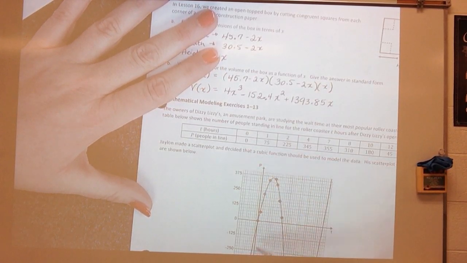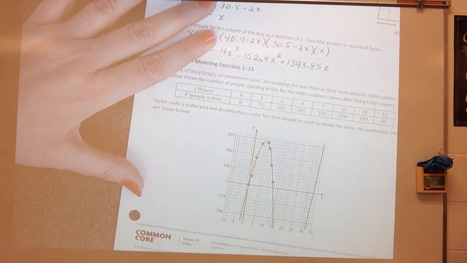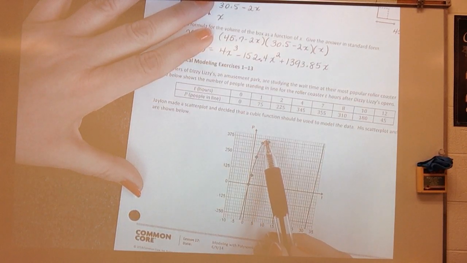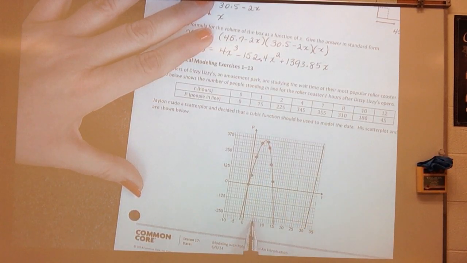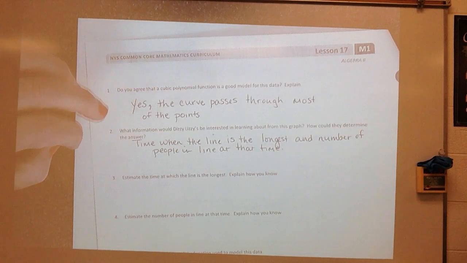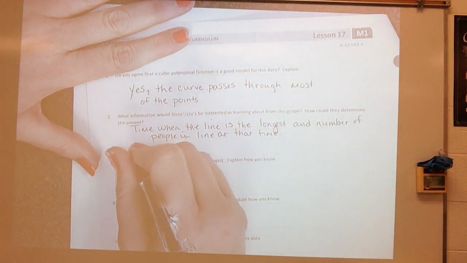And then this is the number of people in line. So I could actually go and try and predict the maximum or estimate the maximum point of the graph. All right, because that would give me the time and approximately the number of people. All right, so you can estimate the maximum point from the graph.